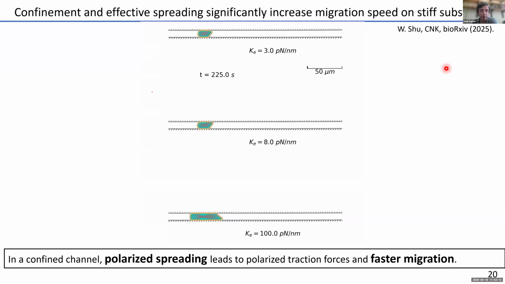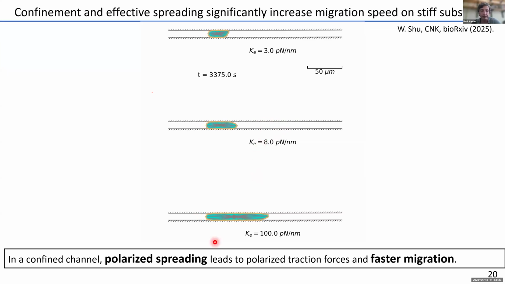So let me actually show you the effect of confinement. Here, there are 3 cells that are racing with each other at different stiffnesses, and here the substrate stiffness is the channel. So the channel is the substrate, not the walls, and the stiffness is associated with the domain inside the channel.